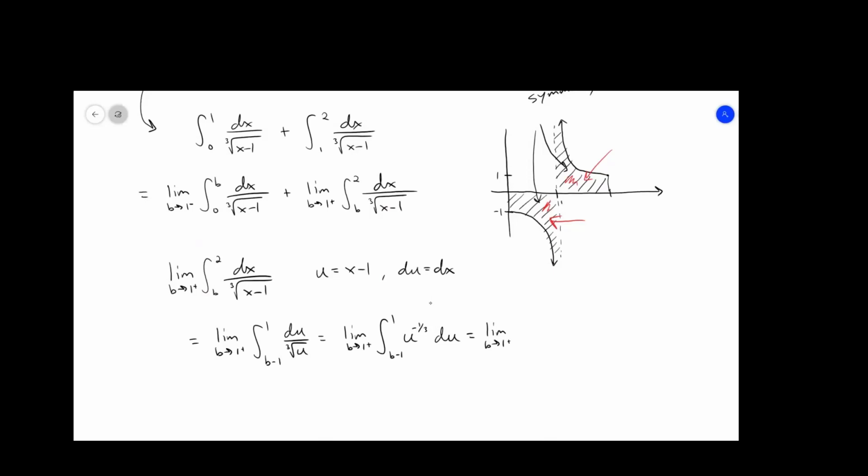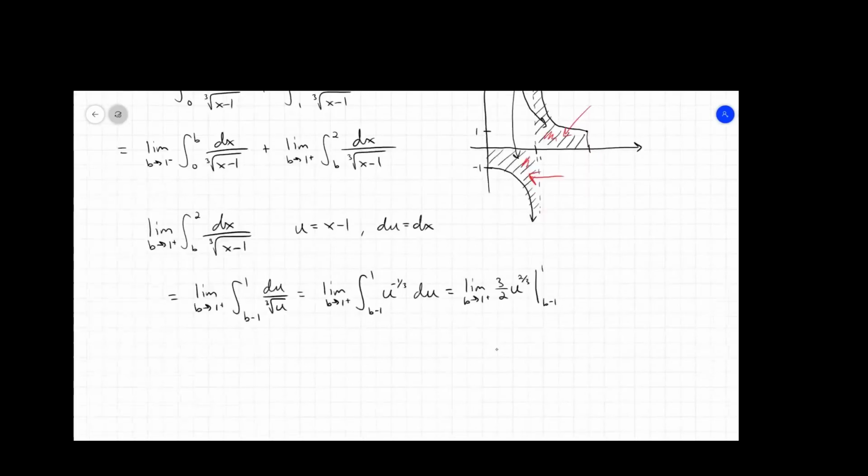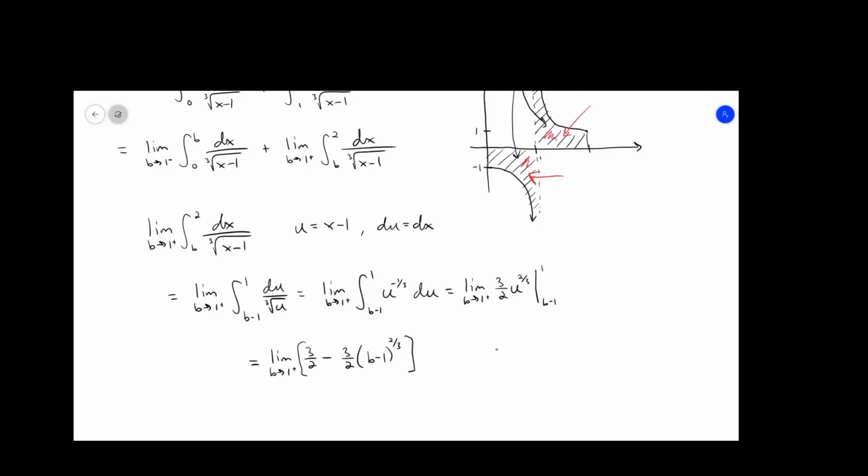And so then I'll have 3/2 u to the 2/3 power, and then I'll have b minus 1 here, and then I'll have 1 here. So plugging that in, I'm going to get the limit I need to find.